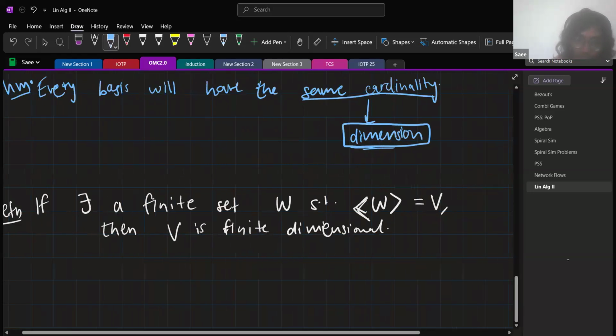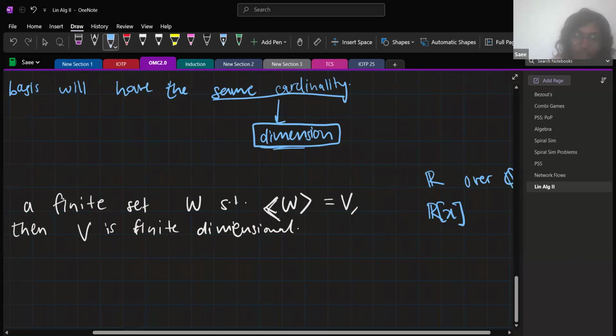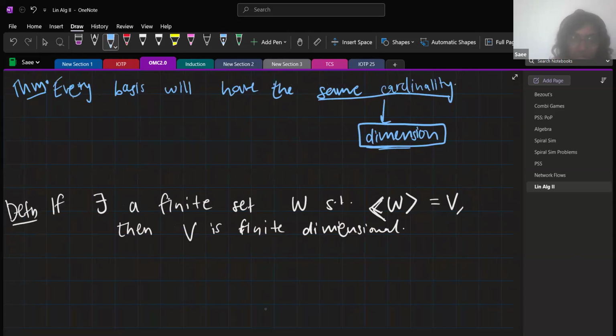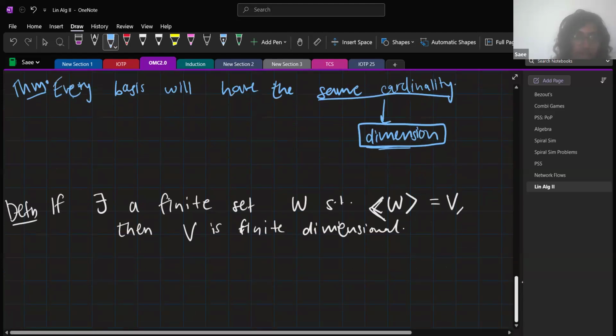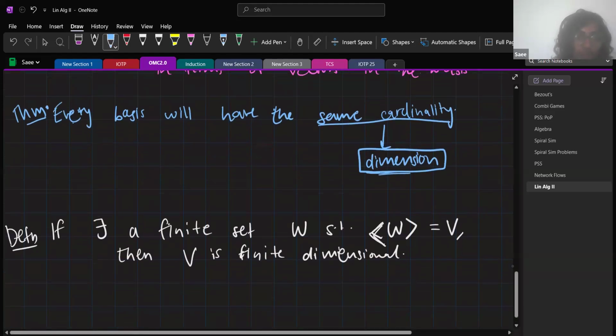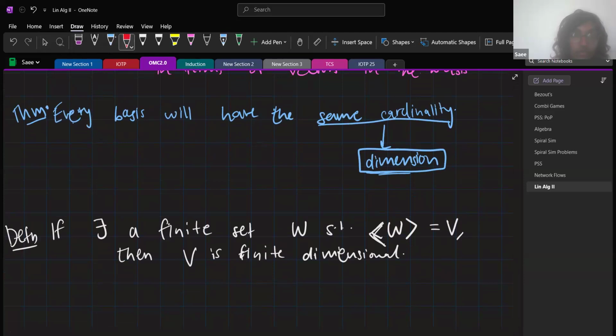Okay. Yeah, nice. We will mostly not be looking at this. We'll only be concerned with finite dimensionals for today. This theorem in fact does hold true for infinite dimensional vector spaces as well, but for now, let's just restrict it to finite.